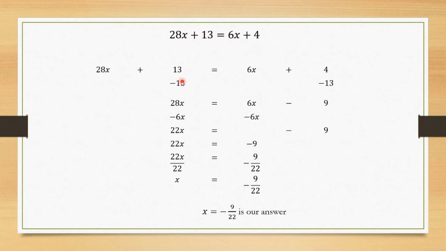So I brought the 13 over to the other side. That's what's happening here. We have 28x is 6x minus 9. Then the 6x I brought to the other side by subtracting. So we get 22x is negative 9. And then we just divide by 22.